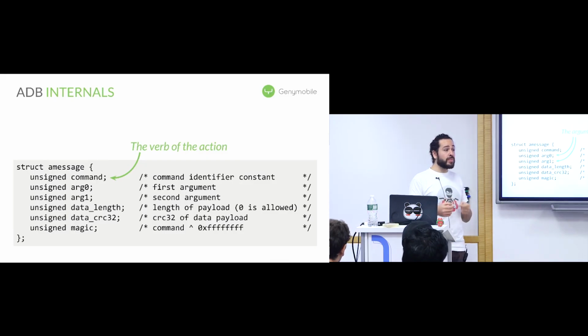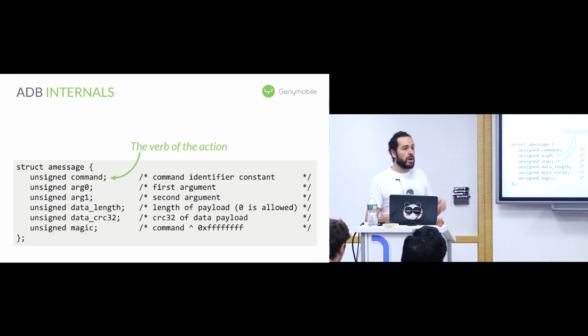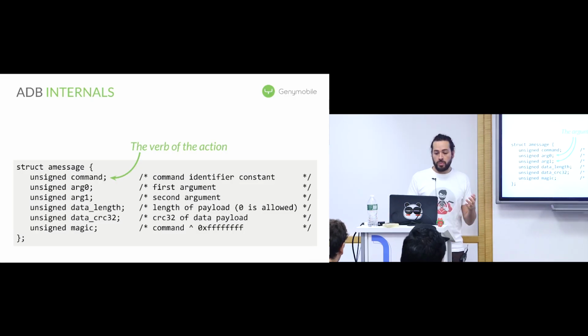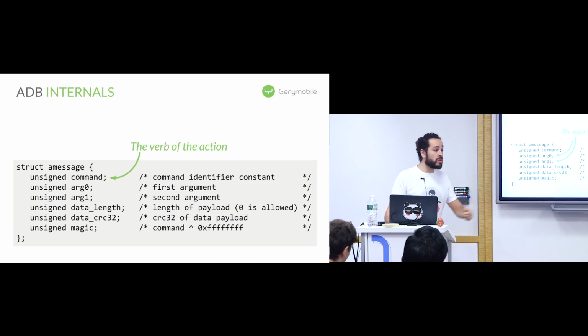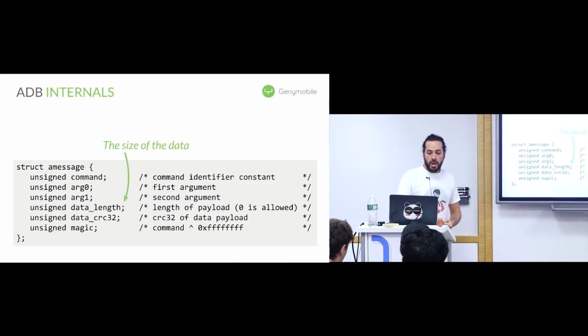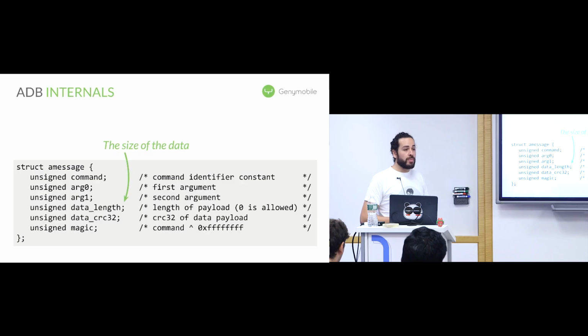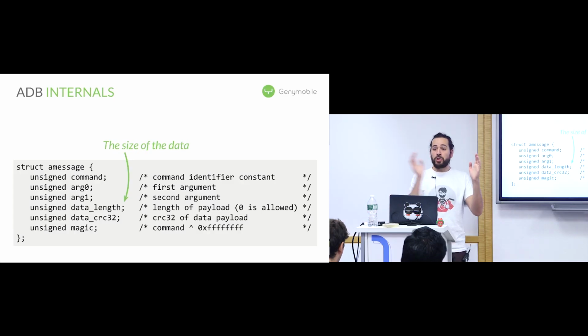They don't have a real meaning like that, but depending on the command, arg0 and arg1 will have a dedicated signification. We will see some examples later. And the last one that is useful for us is the data_length information, which describes the length of the data following the header. The other ones, you don't care, and me neither.